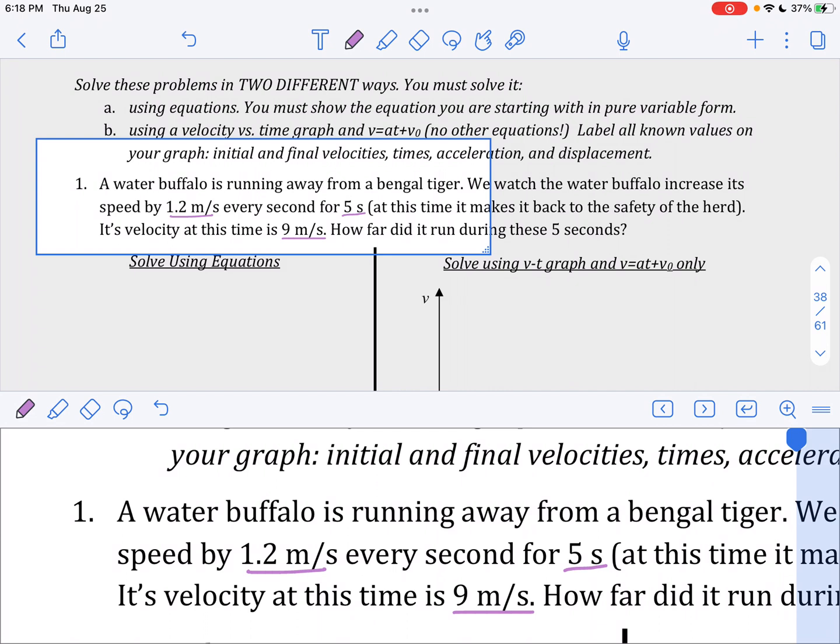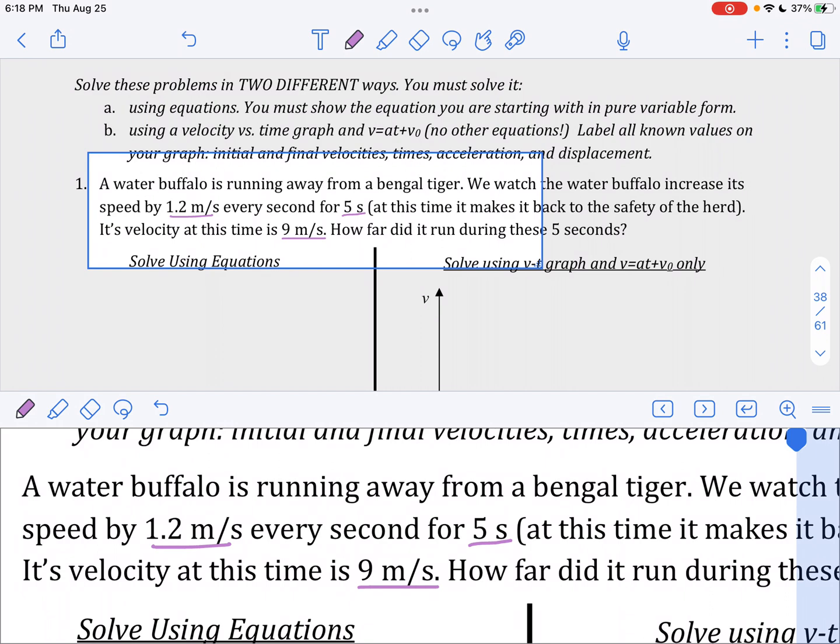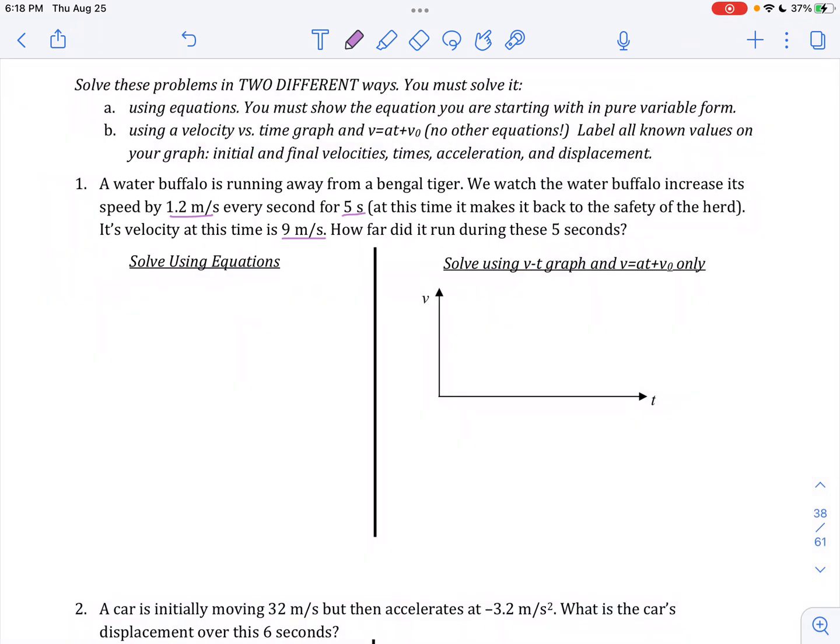But we can't just pay attention to the numbers and the units. Even though the units give me a really good clue of what those quantities are, I have to read the context too. And this problem is actually a great example of that. So a water buffalo is running away from a Bengal tiger.